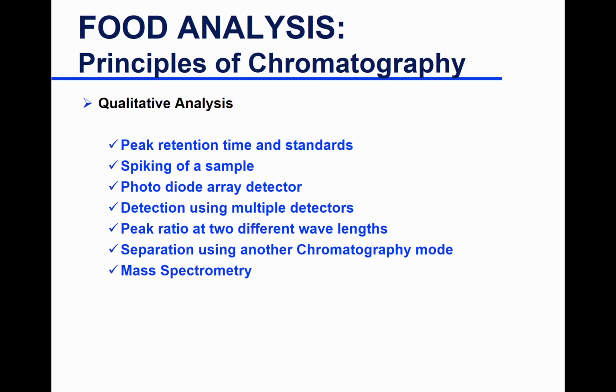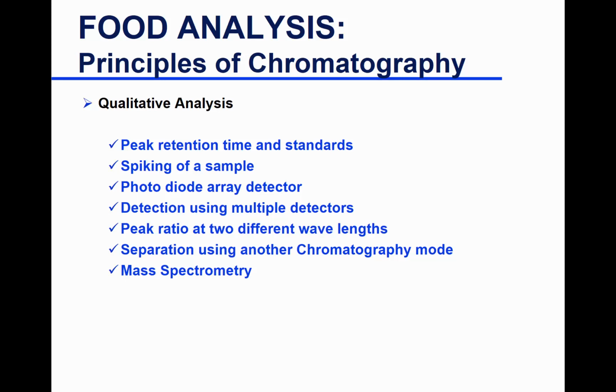So every compound, in theory, if they are absorbing light, will have a unique spectra, or we call it a fingerprint. The photodiode array detector gives you an output where you can see a spectra, and then you can identify or differentiate your compounds based on the wavelength.